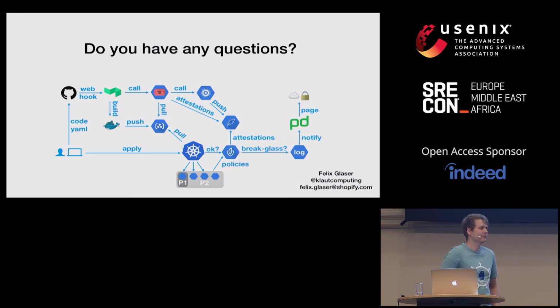Two questions. The first one: is there any chance people are working on de-GCPing it and maybe adding AWS features for some of the auth stuff in Kritis? Kritis and Grafeas are both open source, and so is Voucher. If you want to run this on-prem, somewhere outside of Google, you can totally do that.